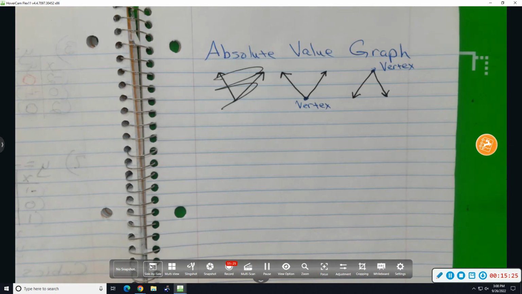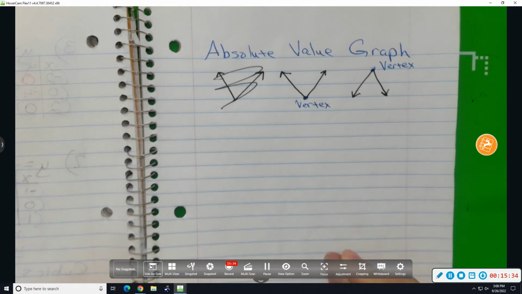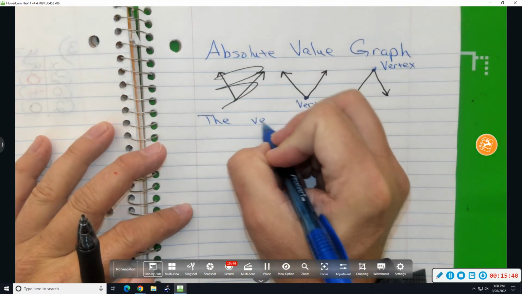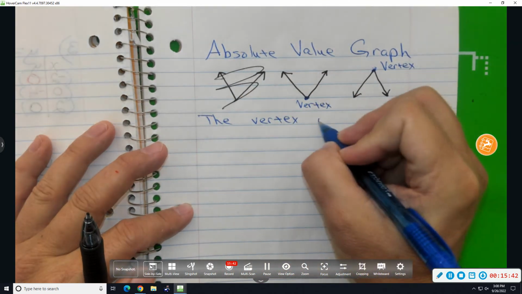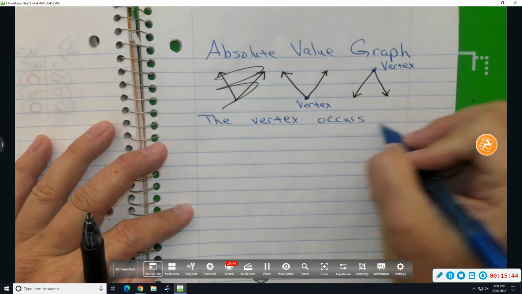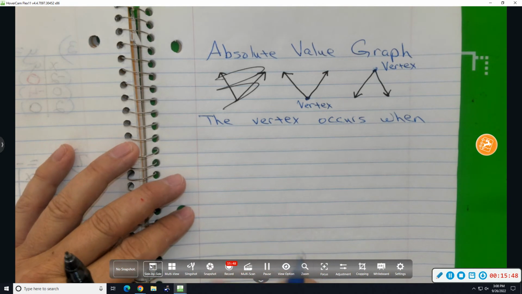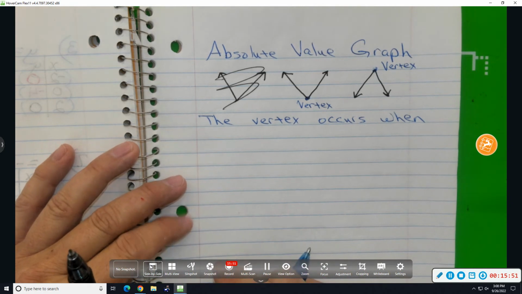To determine the location of the vertex of an absolute value expression, you have to ask yourself, when is the inside stuff equal to 0? The vertex occurs when the stuff inside the absolute value bars is equal to 0.